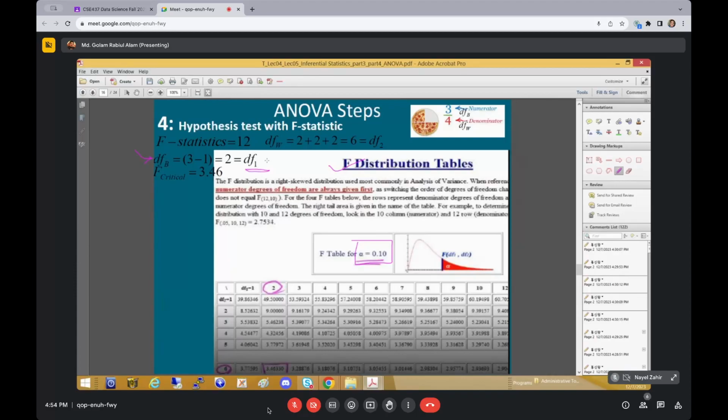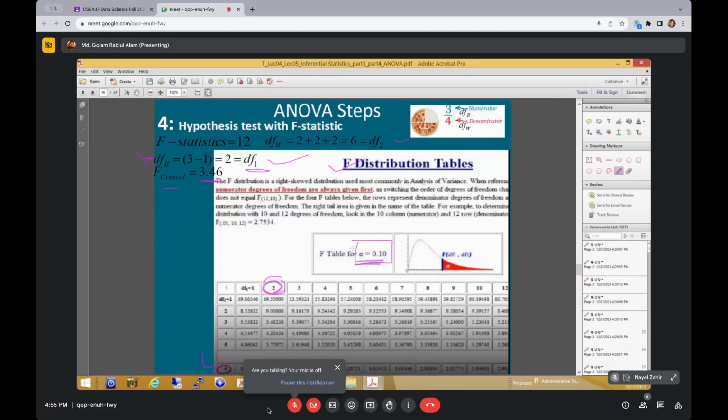DFW we have calculated is 6, which is equivalent to DF2. So DF1 is 2 and DF2 is 6. The value we got here is 3.4633. So the F critical value is 3.46.